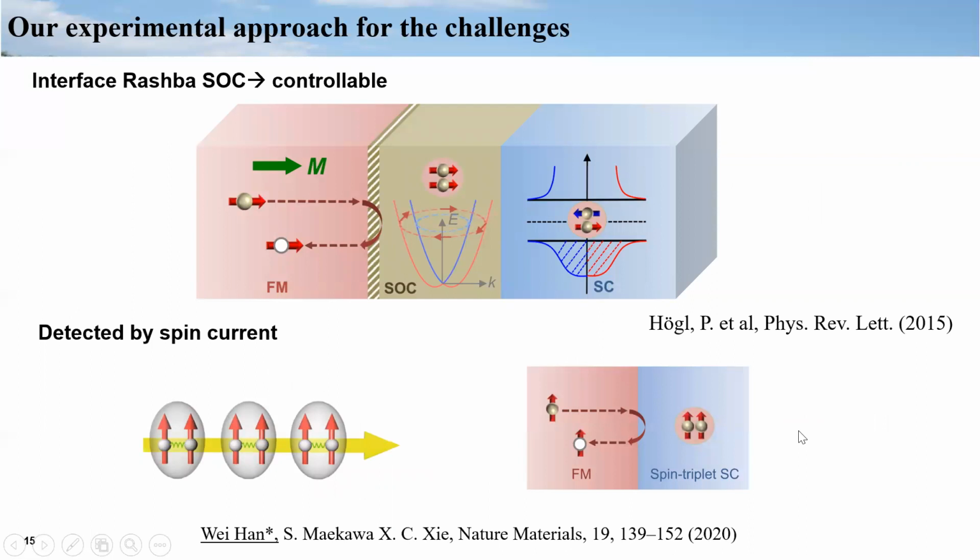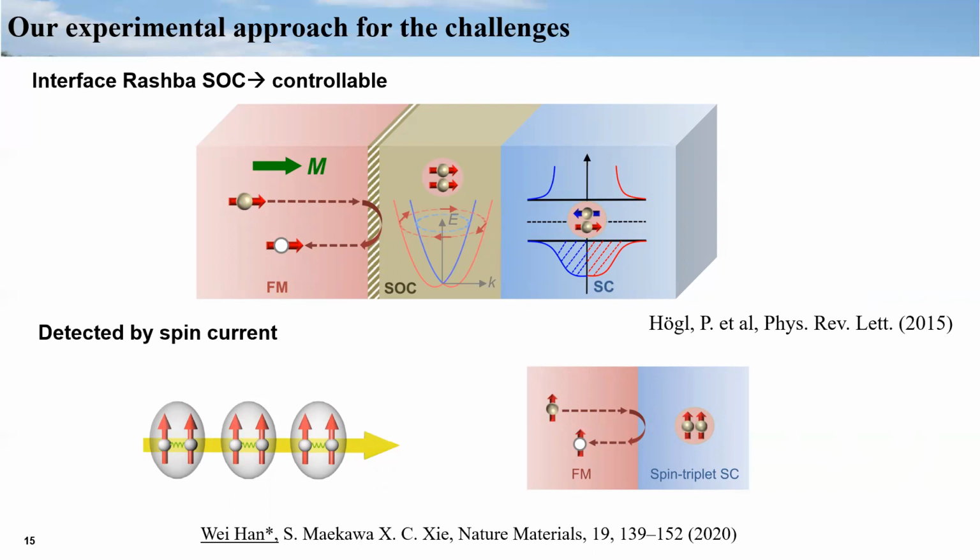So to solve these two critical challenges, our approach includes two major replacements. The first one is related to the interface. We replace this interface inhomogeneity with Rashba spin-orbit coupling.